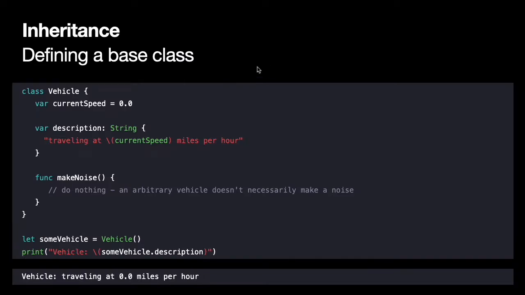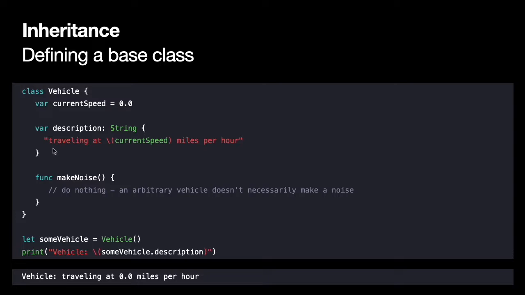Here we've defined a base class, vehicle. It does not inherit from any other class, so it is a base class. It has a property, current speed, with a default value of 0. We have a description, which is a computed property that returns a type String, and then we have the implementation of the computed property.